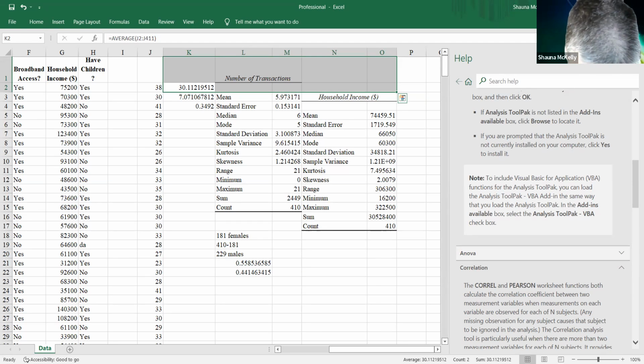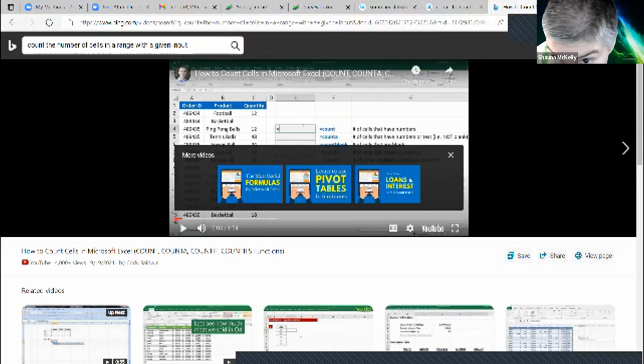How to count the number of cells, count specific character, count cells in ranges. Let me see something really quick. See if this is what I want. I think the easiest way here would be to do the count function, but I'm not sure which count function we need, so we're about to find out.